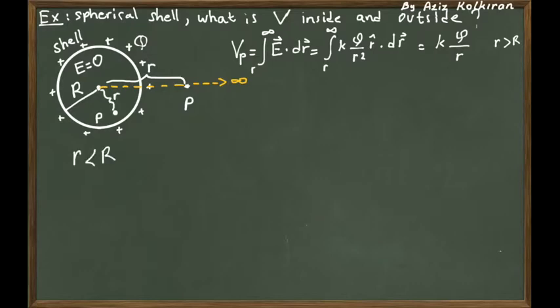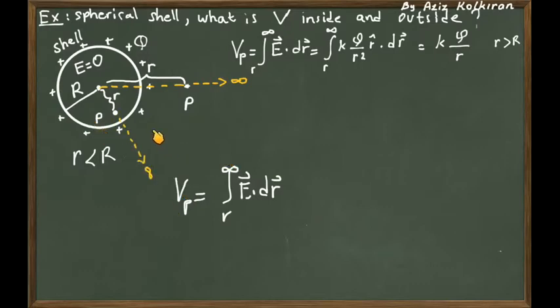Next, we will take a point inside the shell, and again let's call the distance to the center small r, but this time r is less than the capital R, which is the radius of the shell. So again we will use the same definition. We will calculate the potential by using the line integral of the electric field from this point r to infinity.